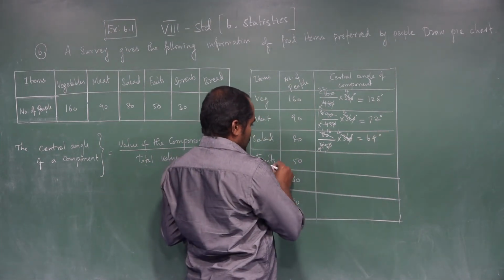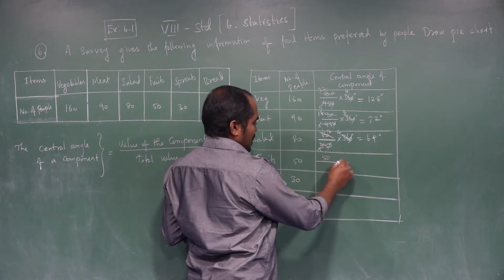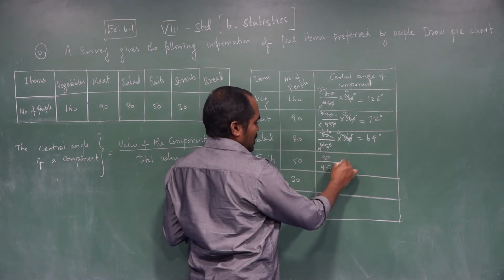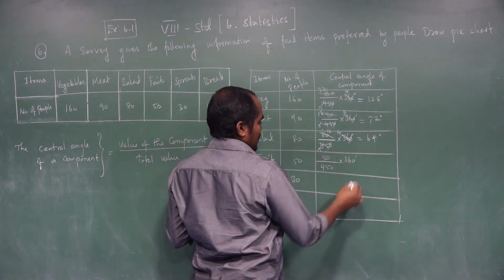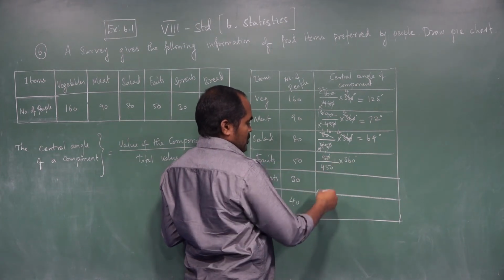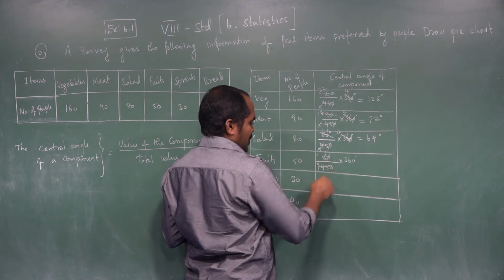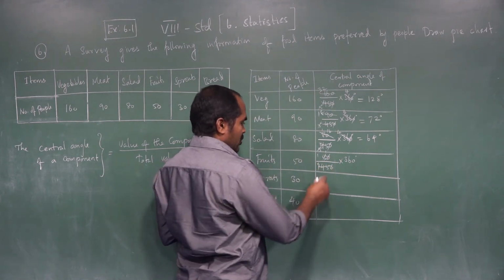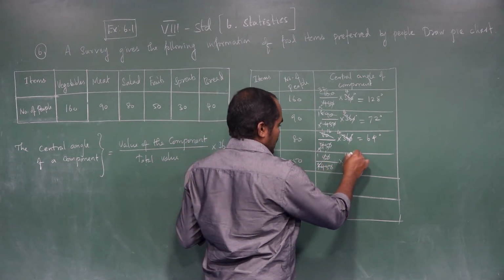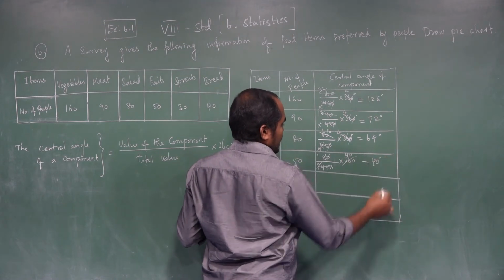Next, fruits value is 50 and total value is 450 into 360 degree. So 0 and 0 cancel. 1 5 is 5, 9 5s are 45, 1 9 is 9. 40. So this is 40 degree.